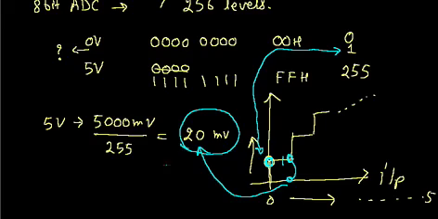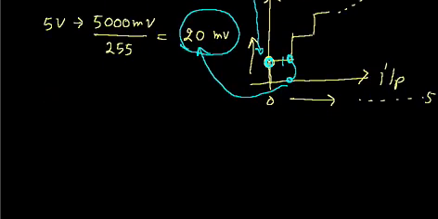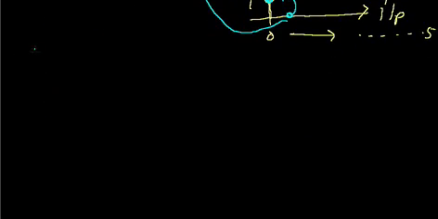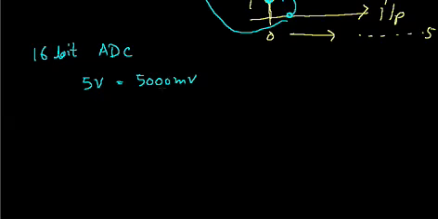Resolution in the form of analog becomes, in digital form, the number of levels. If you do the same thing for a 16-bit A to D converter, then 5 volt is the analog input, it means 5000 millivolt, divided by 2 to the power 16, because 2 to the power 16 are the levels.